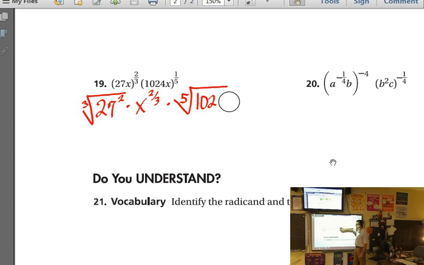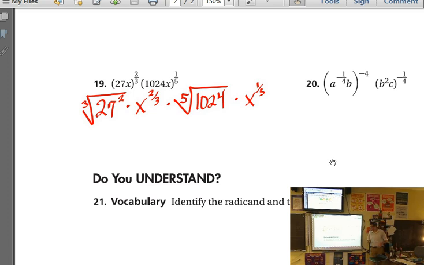I had some people who tried to combine the coefficients before they applied the powers. You gotta follow order of operations. Exponents happen before any of the other multiplications are allowed to happen. And then I still have the 5th root of x, or x to the 1/5, since I'm going to combine these. 27 squared then to the cube root, combined with the 5th root of 1024, gets me, what was that? 36.